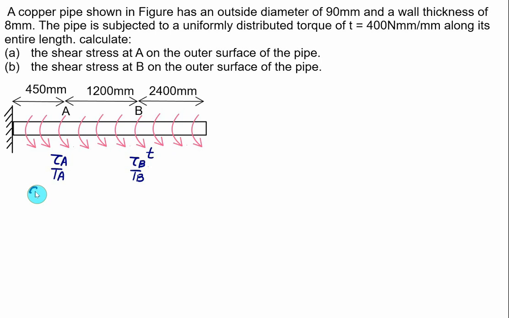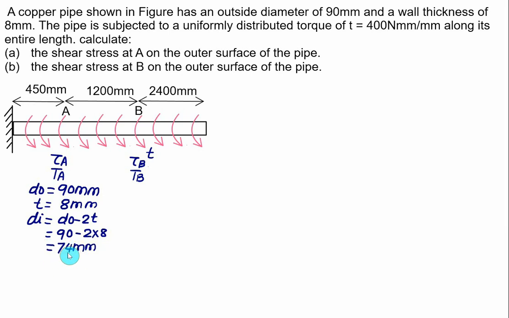Outside diameter is given as DO equal to 90 mm and the thickness T is given as 8 mm. From this we can calculate the value of DI, which will be equal to DO minus 2 times the thickness, that is 90 minus 2 times 8, which is equal to 74 mm.